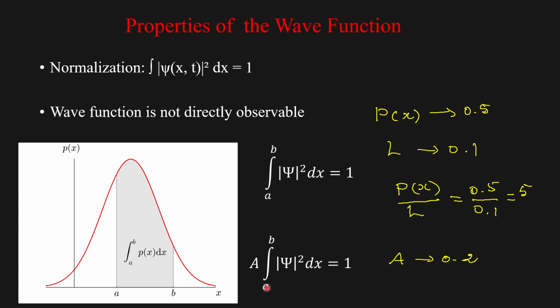So now it is normalized, because if you take a very small length, your probability density will be higher. So you have to normalize it. This is the concept of normalization. We are choosing a scaling parameter such that the integral must be equal to 1.